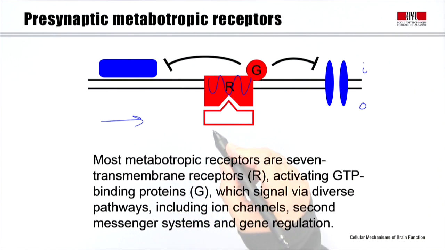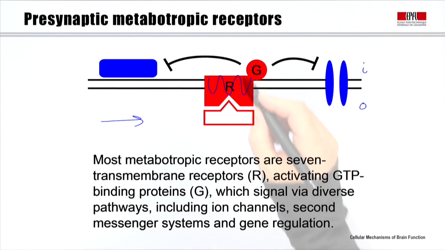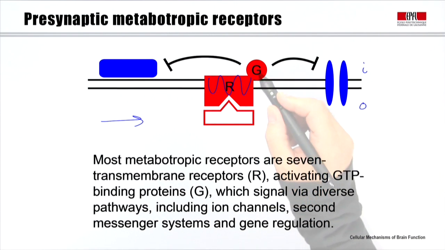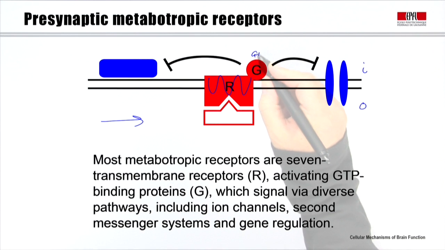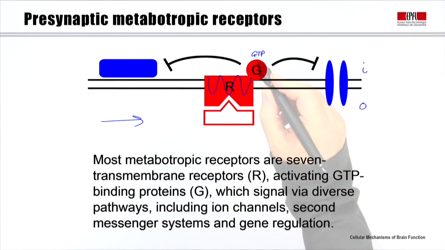When an agonist binds to that receptor, the protein changes its conformational structure, but rather than being an intrinsic ion channel, it acts upon an intracellular protein, a so-called GTP binding protein, or a G protein. The G protein, upon receptor activation, binds GTP, and then it becomes activated.